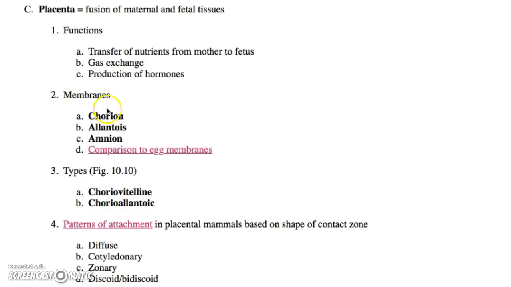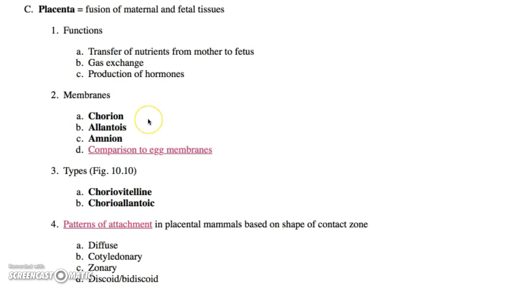If we look closely at the structure of the placenta, it consists of a series of membranes that surround or are in proximity to the developing embryo. And from the outside to the inside, these are the chorion, the allantois, and the amnion.